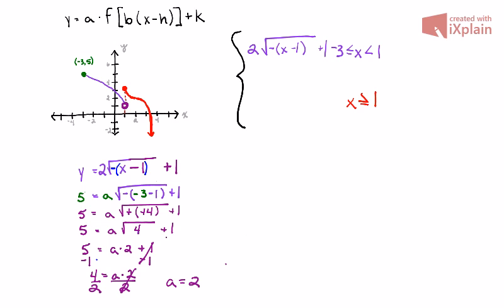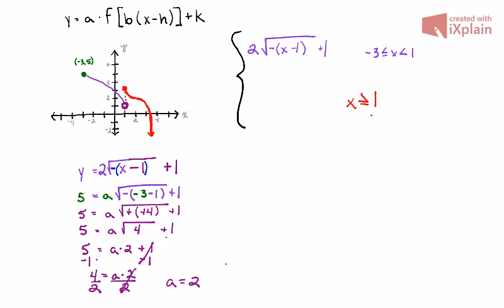I need a little more spacing, so I'm going to move my domain so it doesn't look like it's all running together. So I'm going to put -3 less than or equal to x less than 1. So this is my first piece.